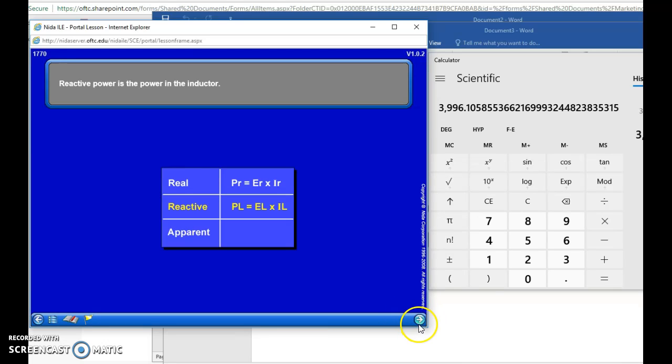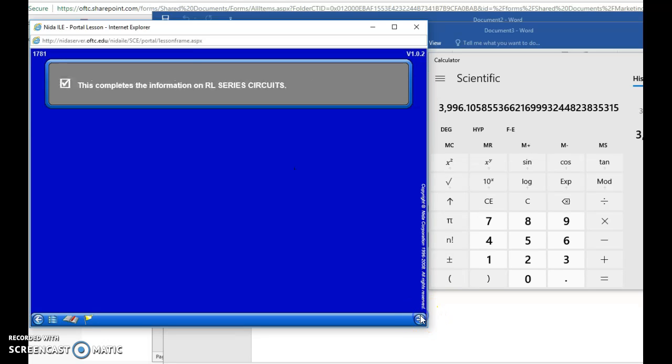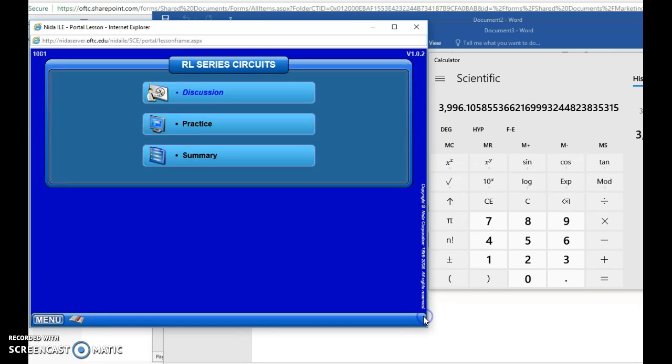And last but not least, the formula for apparent is PA equals EA times IT. So we got 3 different formulas for power there. And that's pretty much it.